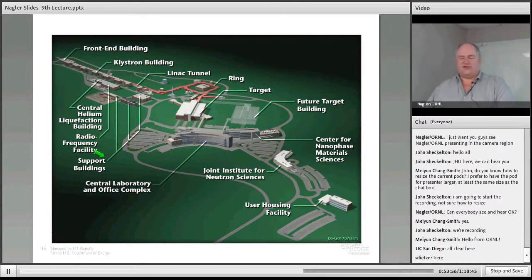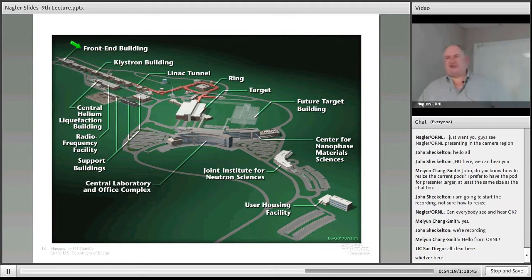So here now is the schematic of SNS, which I'll use as an example just to describe the full process in a little more detail. SNS has a so-called front-end building. What's in the front-end building? Well, there's an ion source, and it turns out this ion source actually produces H- ions.